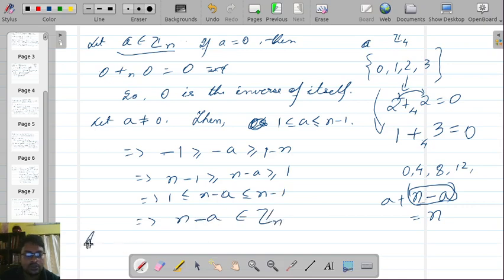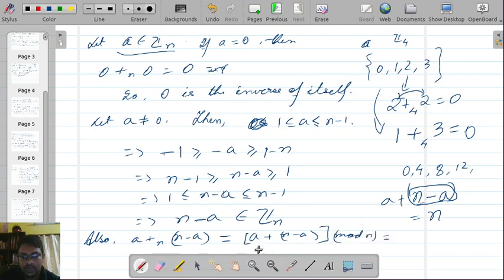Also, a plus modulo n minus a. What is that? This is actually a plus n minus a mod n. So a plus n minus a is n, so it's n mod n. But what is n mod n? It is actually 0. If we divide n by n, the remainder is 0, right?